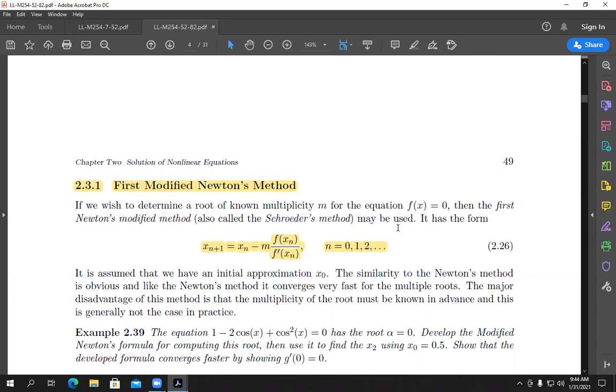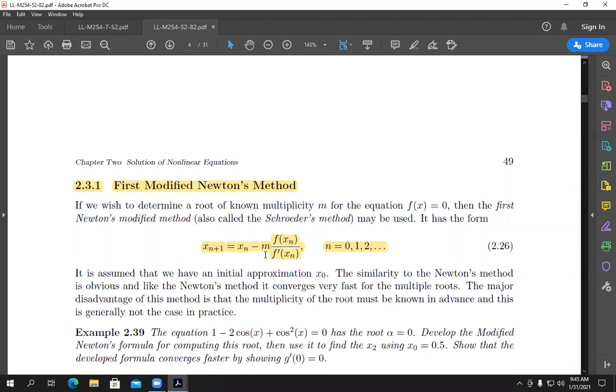What does multiple root mean? For a multiple root, m must be more than 1, because multiple means repeating, and repeating always means more than 1.